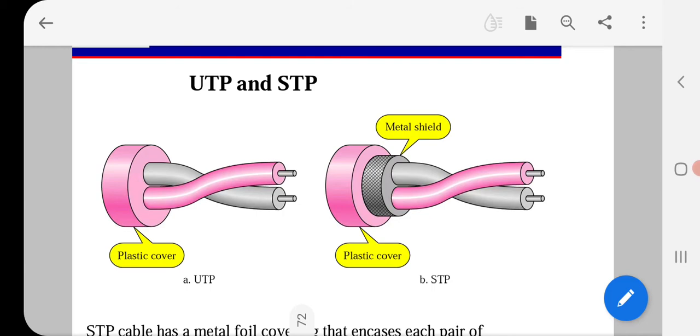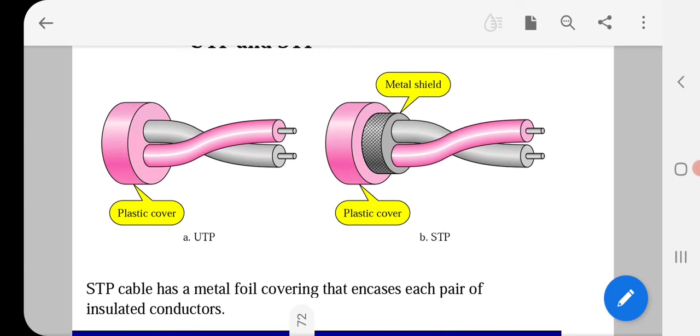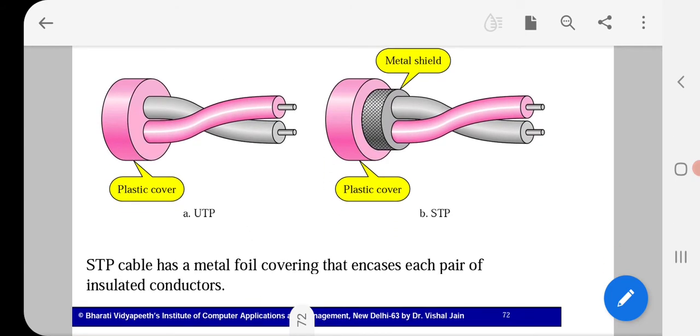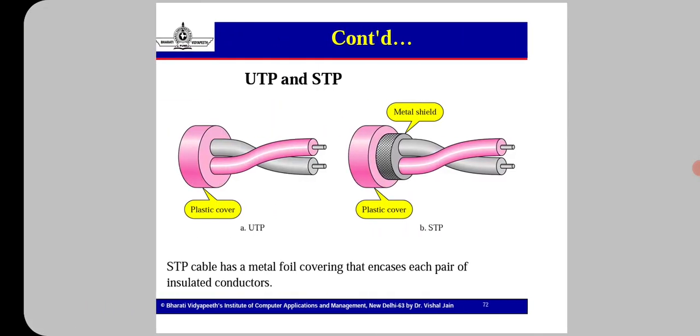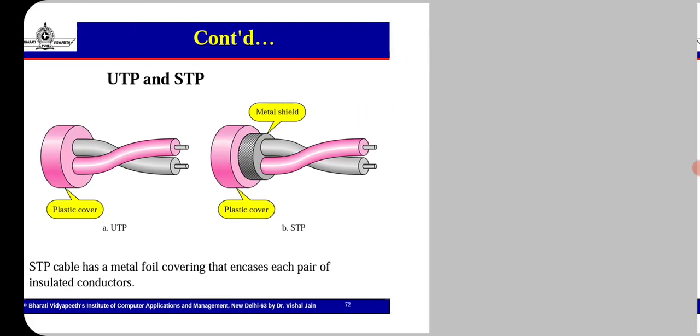These are different categories of cables. Generally in STP we use a metal shield to protect the wires. In STP cables we have a metal foil covering that encases each pair of insulated conductors, whereas in UTP we use only some plastic material.